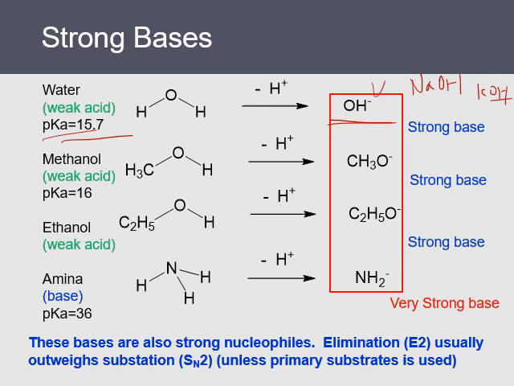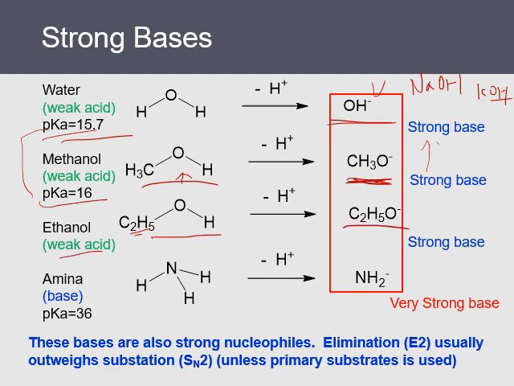Similarly, methanol, the simplest alcohol, has a pKa of 16. That's comparable to water, and therefore the base is also comparable, a strong base. That's methoxide. Now ethanol is an alcohol with one more carbon, a very weak acid, comparable.